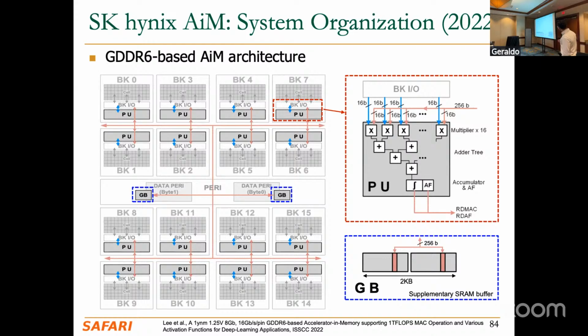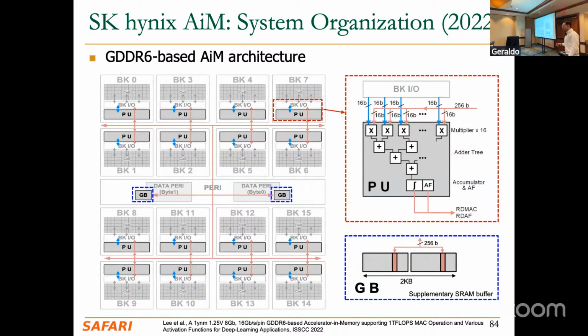So this was the AIM platform, from 2022. SK Hynix has also released other solutions, such as AIM-X, but it does not differ so much from this one. They also have their own CXL-based architecture.